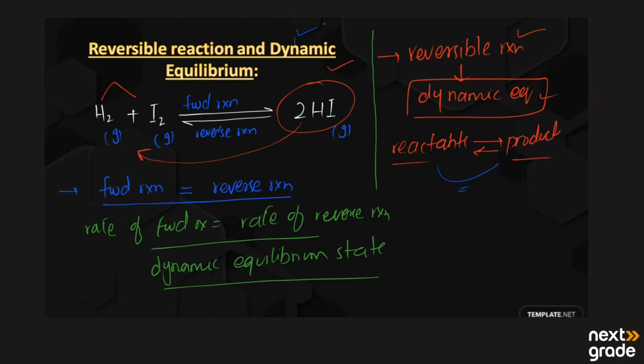We can gain the dynamic equilibrium only in a reversible reaction. We cannot gain the equilibrium state in an irreversible reaction.